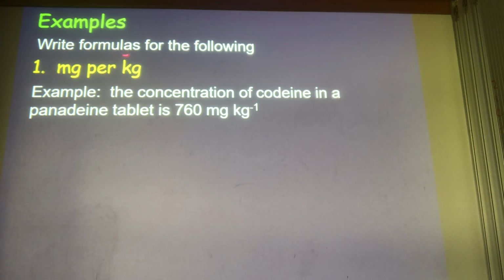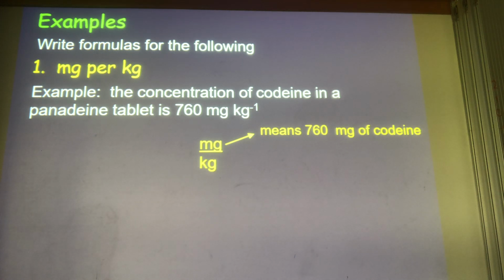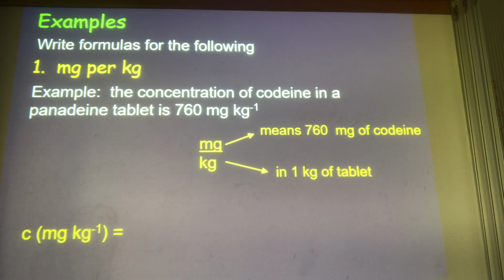So for instance, milligrams per kilo. And that's, I think, how codeine in Panadeine is expressed. 760 milligrams per kilo. What does that mean? It means 1 kilo of this substance, of this tablet, would contain 760 milligrams of codeine. That's the concentration.